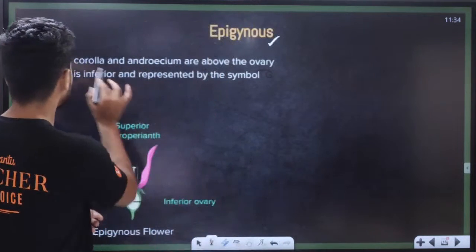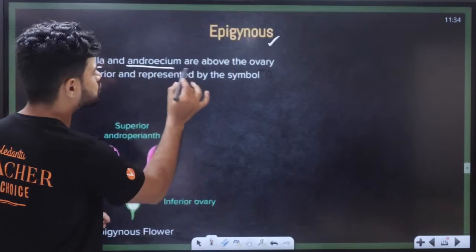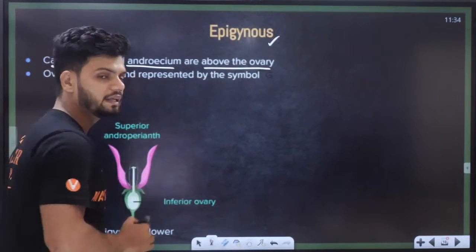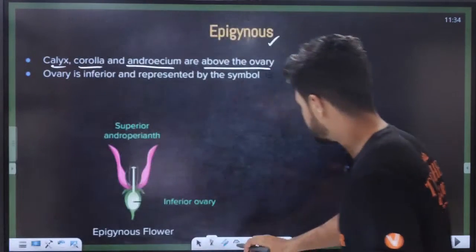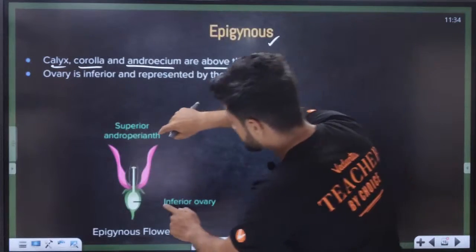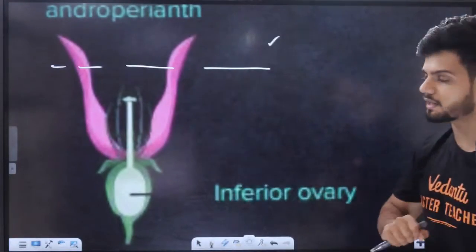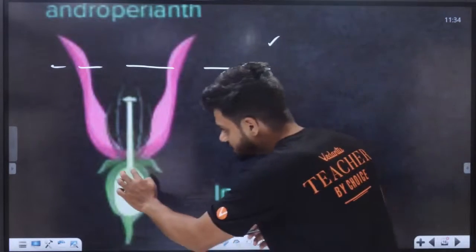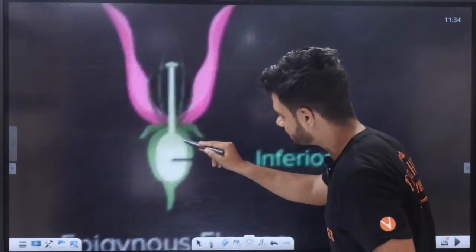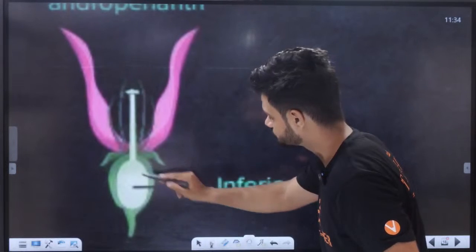So what is happening here? Calyx, corolla and androecium are above the ovary. Diagram very important. Again, see the diagram. All of you focus. Now if you notice here, this right here is the ovary. Yes or no?